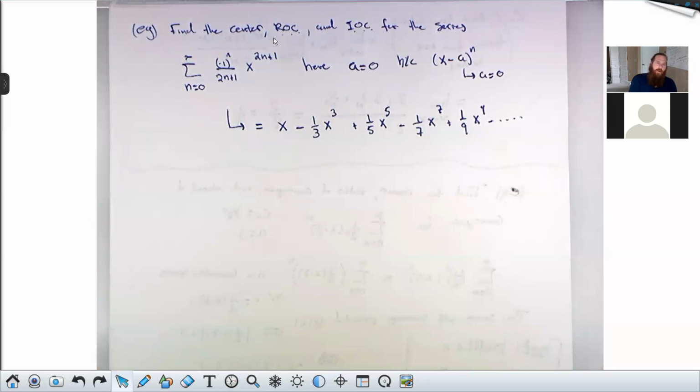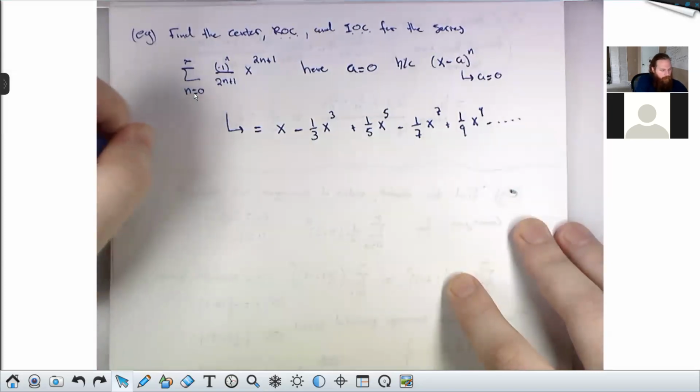We could maybe try an alternating series test because this is an alternating series, but figuring out whether this piece is decreasing or increasing is weird. It's going to depend on what you're plugging in for x. So what I would rather do is jump in with my ratio test, and that's usually what we do for power series.